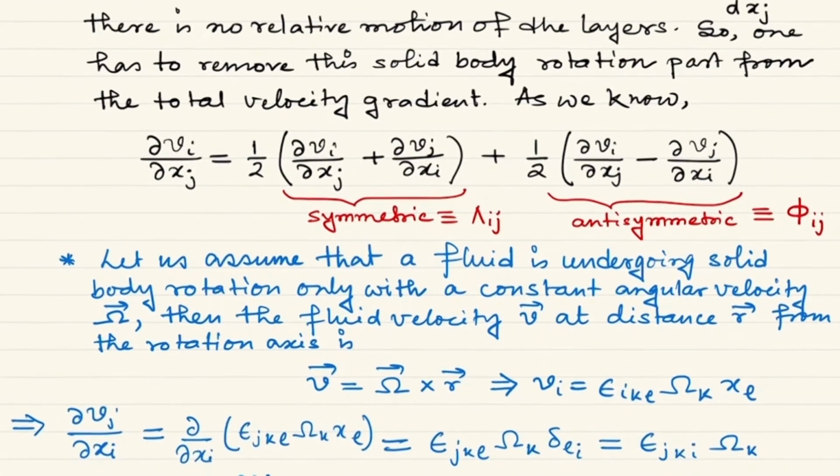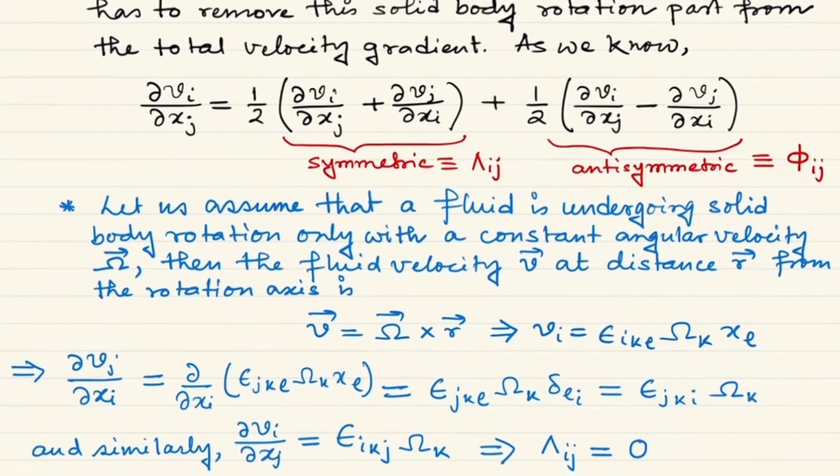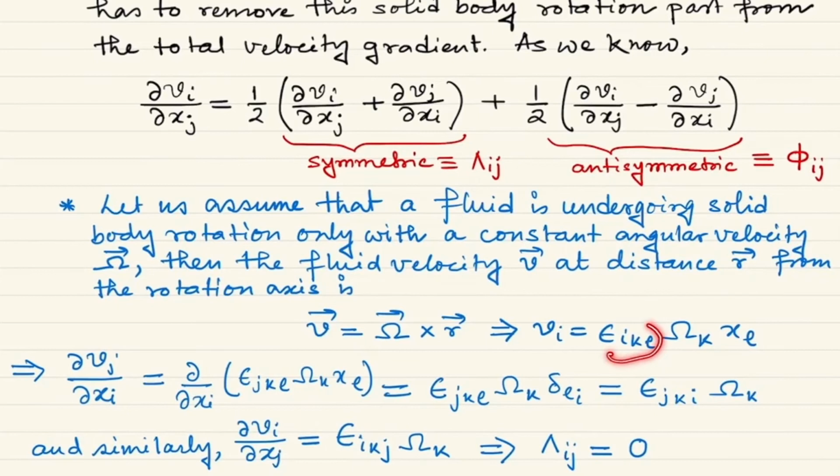And this is the antisymmetric tensor of rank 3, you know. And there is a sum over k and l. Now if you do del V_j del x_i, then del x_i of this whole expression will go there. Here, since it is V_j, I have replaced the i by j.